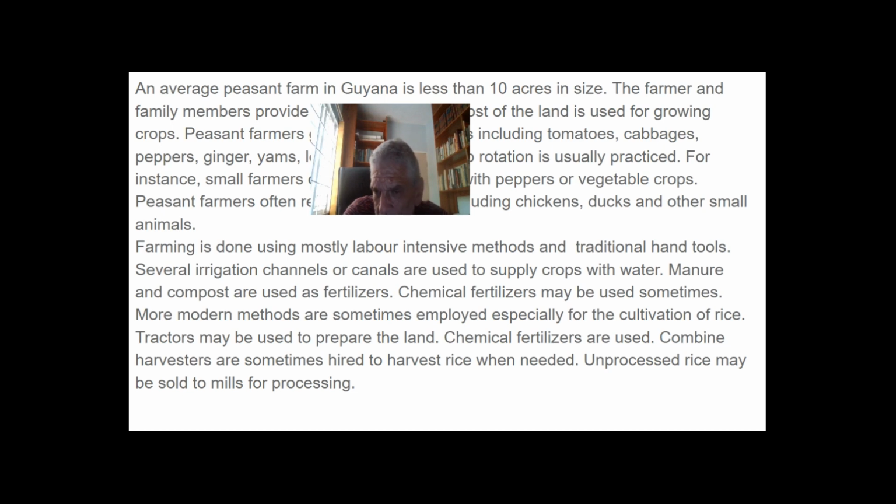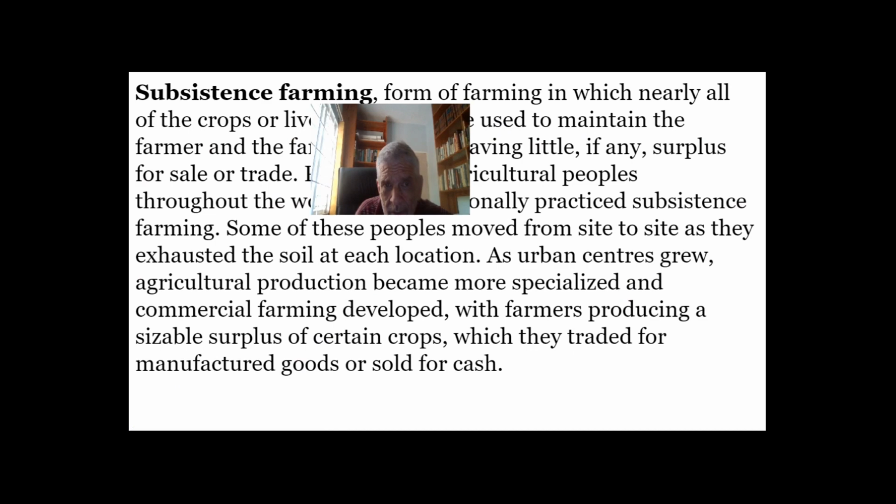Chemical fertilizers are used, but only to a limited extent again. Combine harvesters are sometimes hired to harvest the rice when needed. And they can sell some of their rice and things.